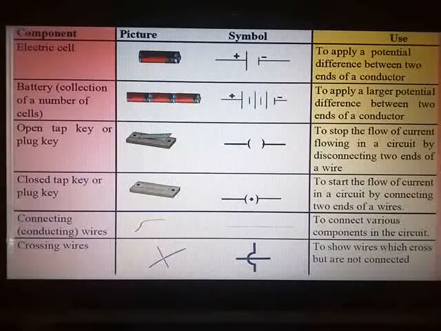Now here I would like to tell you that this entire table on page number 36 is important, as you require the symbols for setting up the electric circuit, but that part was removed from the syllabus last year, and hopefully we are going to get the same reduction this year also.